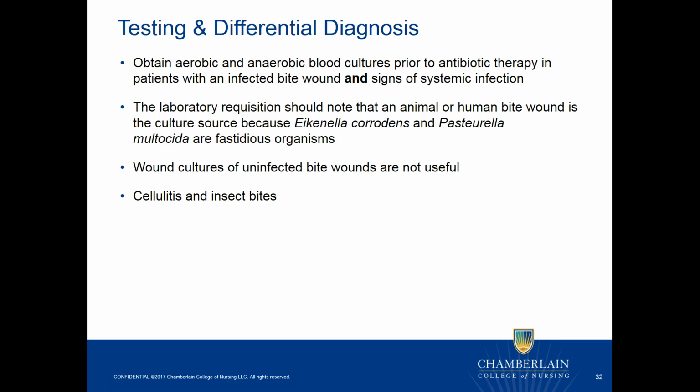If a bite wound appears to be infected, gram-stained and anaerobic cultures should be obtained prior to the initiation of antibiotics. The laboratory requisition should note that an animal or human bite wound is the culture source because Eikenella corrodens and Pasteurella multocida are fastidious organisms.